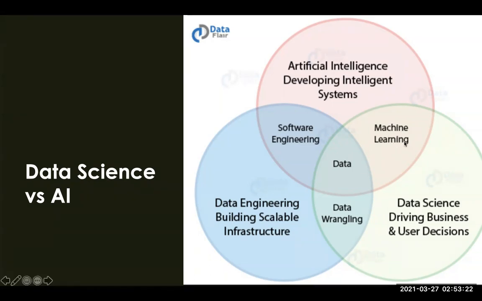Then you can see the intersection of everything is data. They are all working with data, whether as a software engineer, an AI specialist, data scientist or data engineer, they are all working with data and data wrangling. But you can see that there's no data wrangling with AI, because the data is not rows and columns, it's images, text.